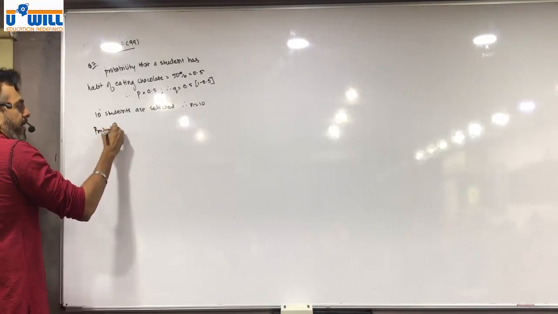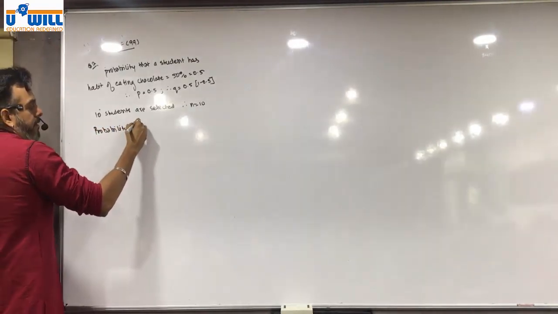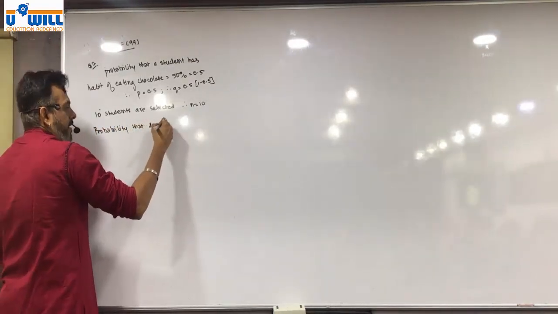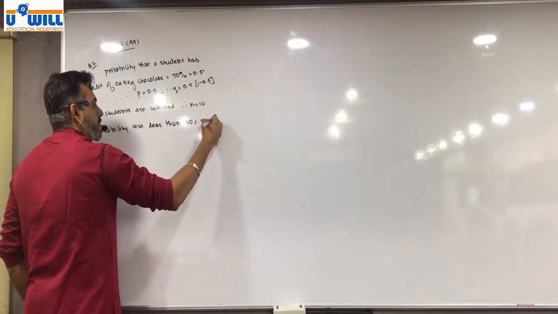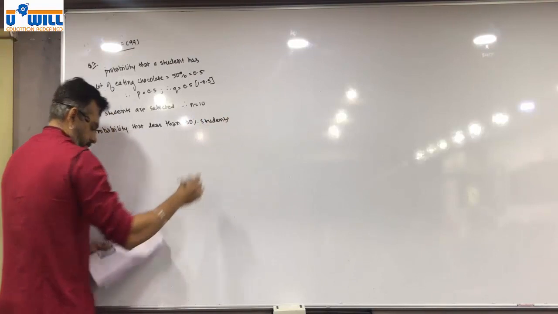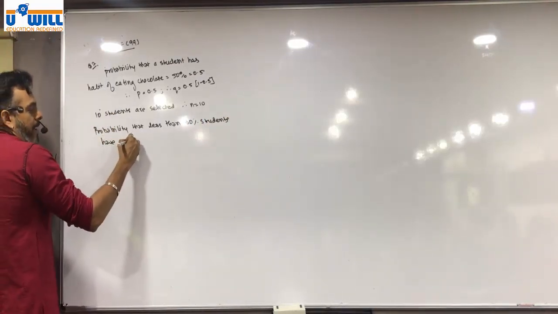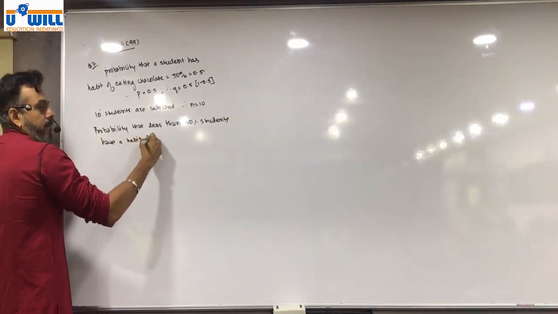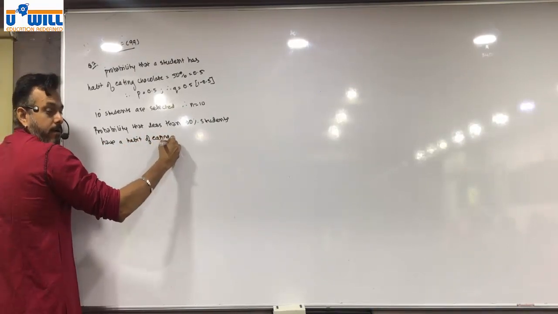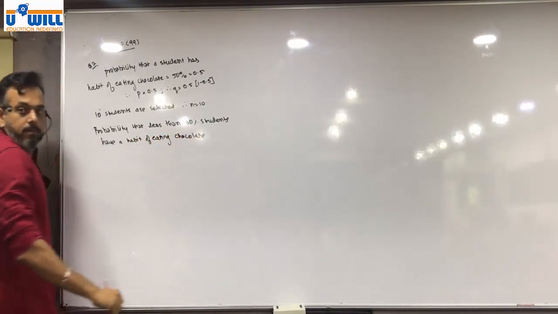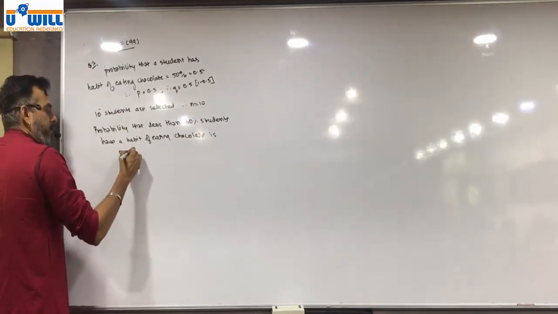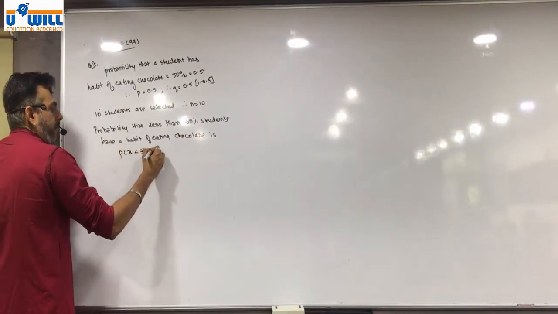First we find the probability that less than 30% students have a habit of eating chocolate, which is probability of x less than 3.